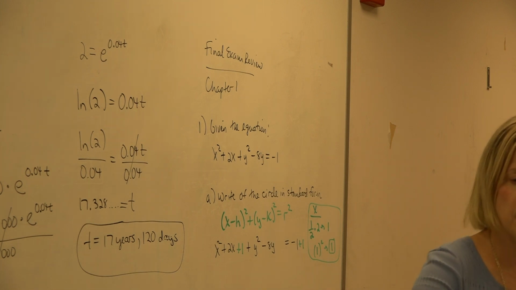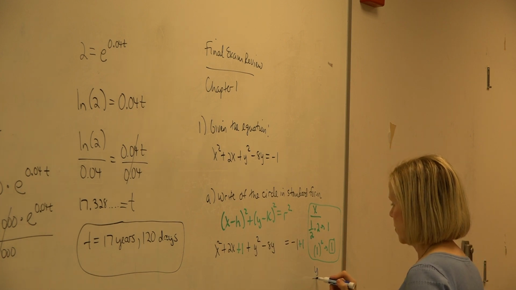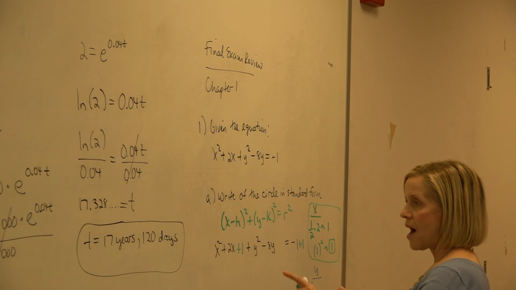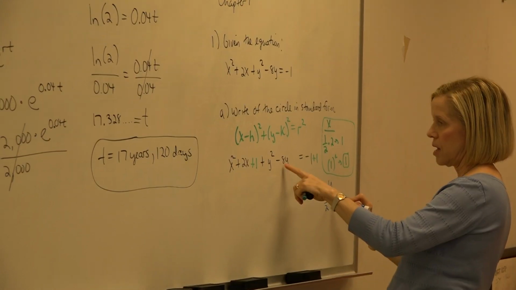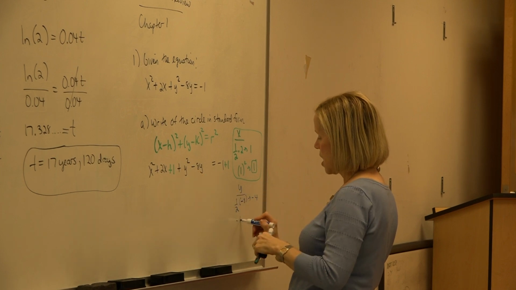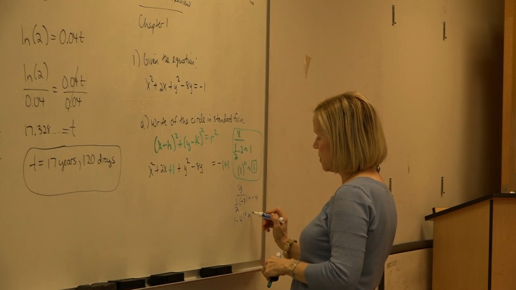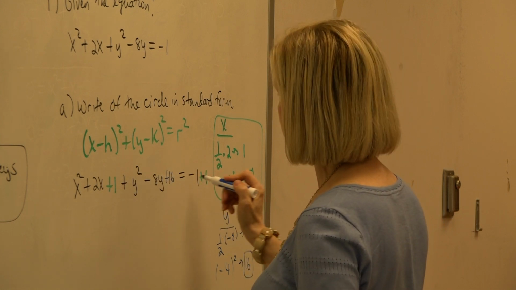So also let's complete the square for y. So we're going to take half of what number? -8, which is -4, and we're going to square it, which gives me 16. So to complete the square for y, we're going to add 16.